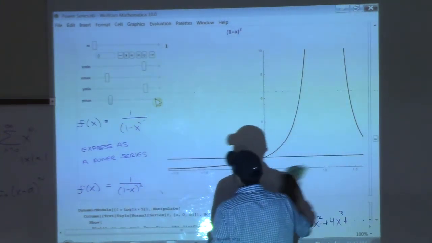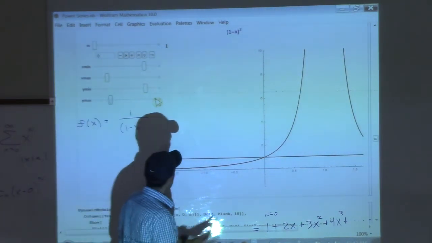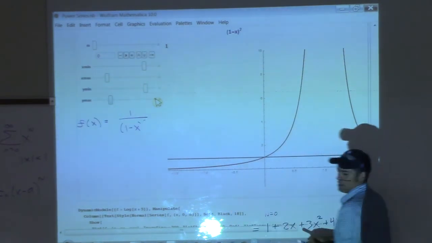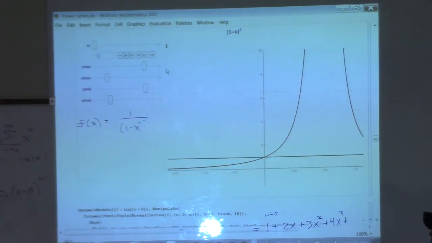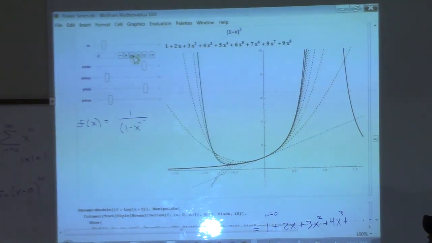Okay, so the red one is the function, and here's -1, and here's 1. So as long as we're between here and here, these should match up. Right now I'm using 1, which is this approximation. Let's add a few more. There's plus 2x. See my line? It's a little better. And then we just keep playing this game, and it's going to start marching towards the function. See that?